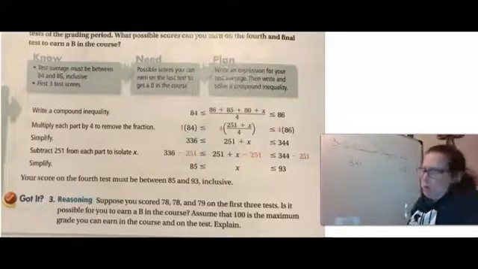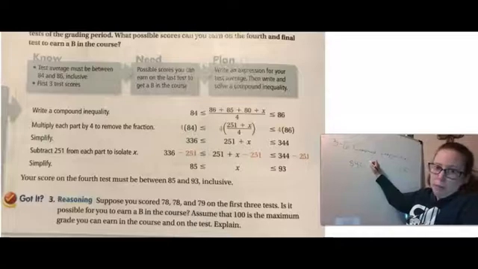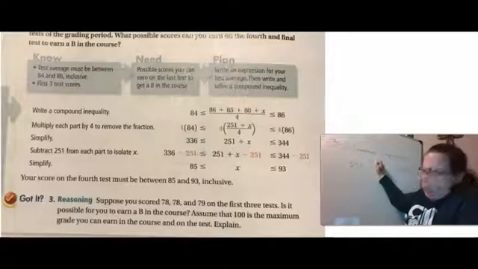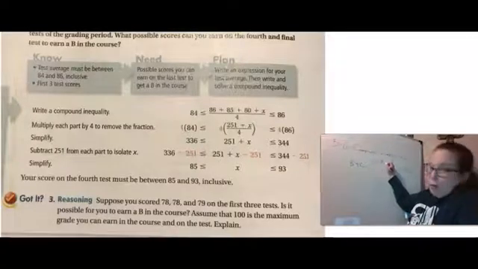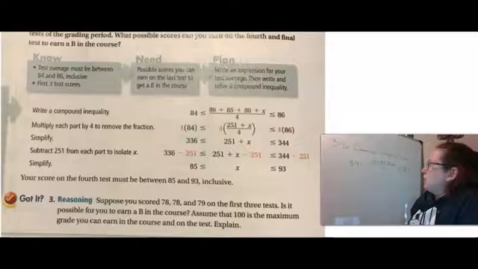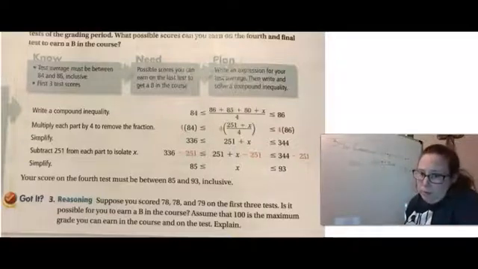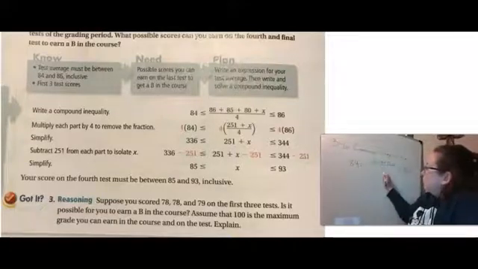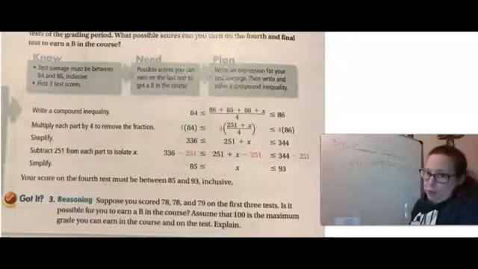So when we do this, we this time have 78, 78, and 79, and we're going to add our 4th test and divide by 4 because there are 4 test scores.